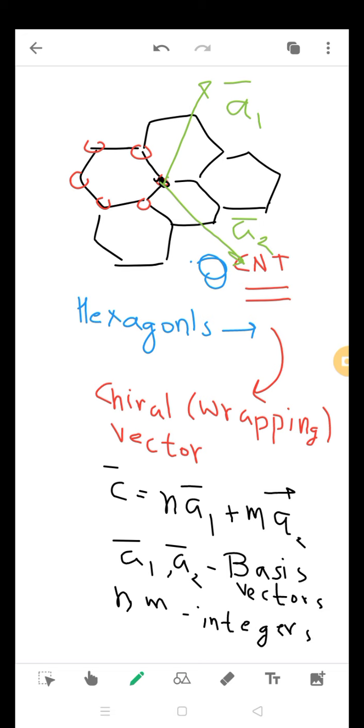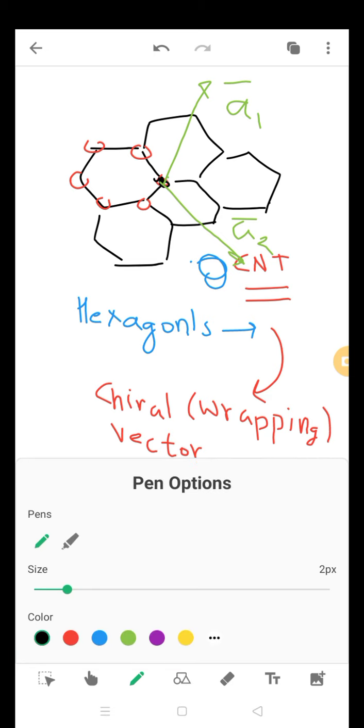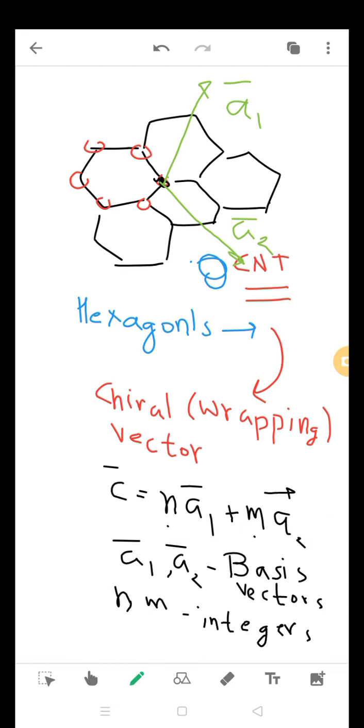Now, as I told you, how we are wrapping it will depend upon these N and M quantities. We can wrap it along this direction, we can wrap it around this direction, or we can wrap it along any one of the directions of A1 and A2.